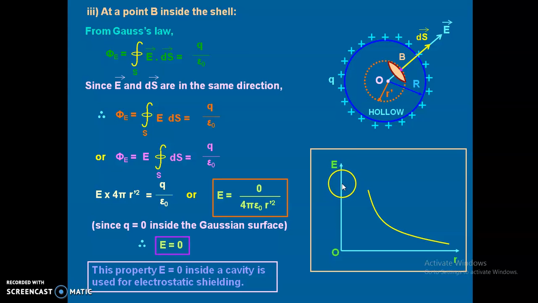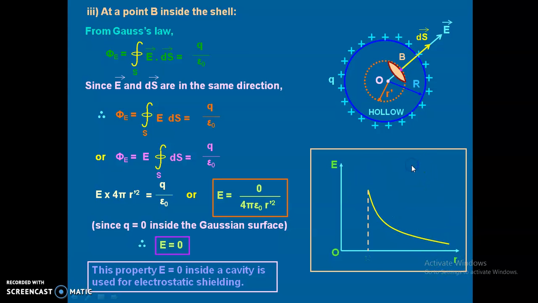Why? Because electric field is not found inside the spherical shell. So this particular region shows the inner region of the spherical shell. So the electric field starts from here.